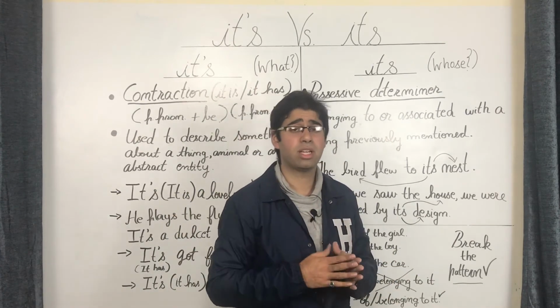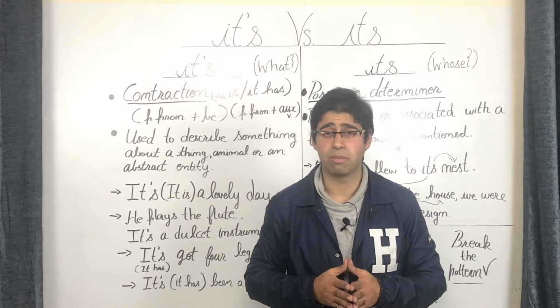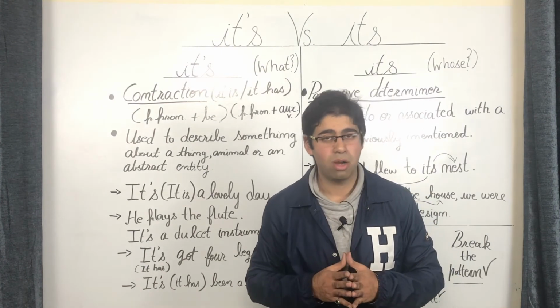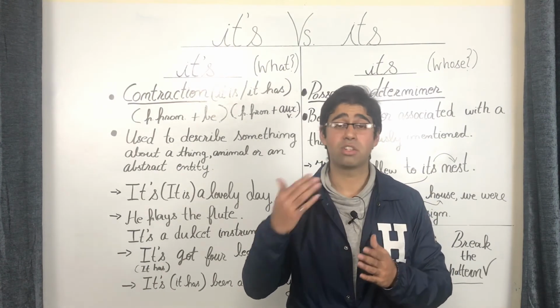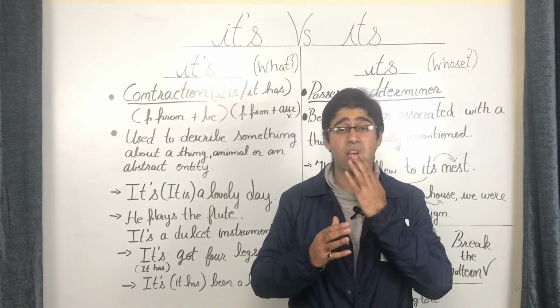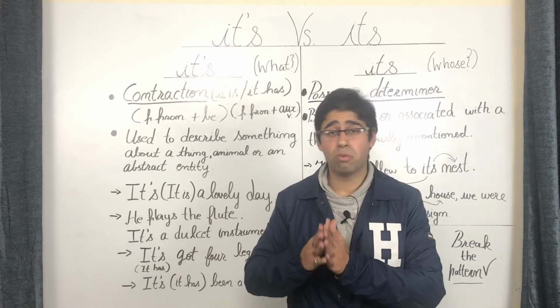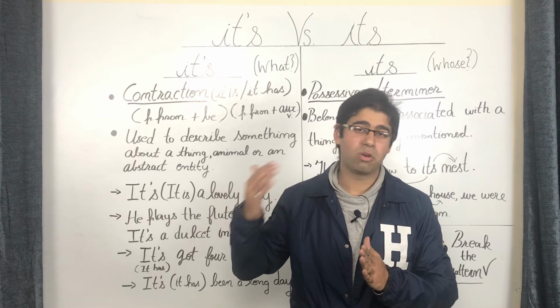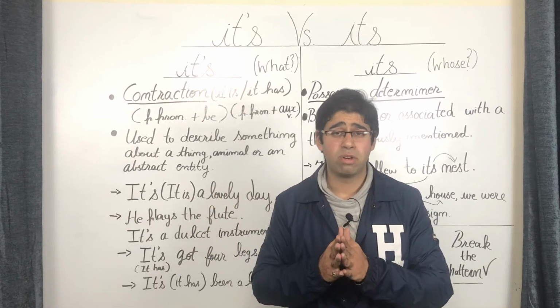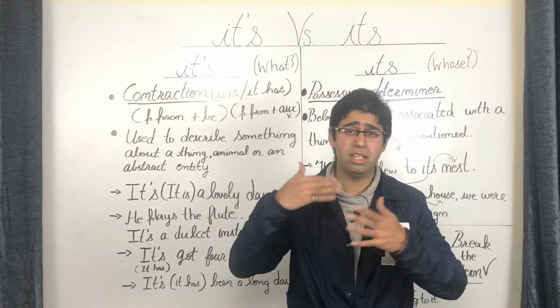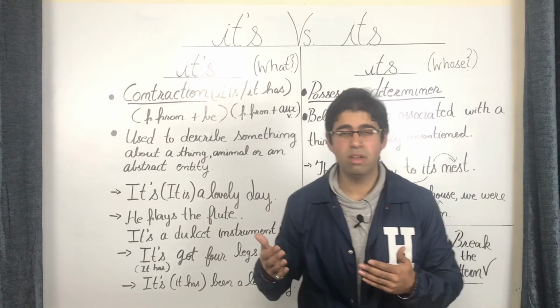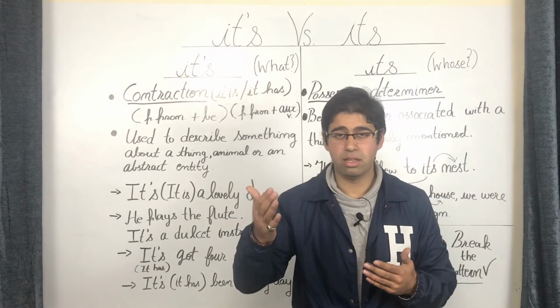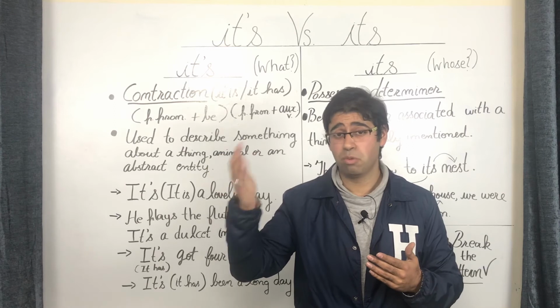Let's see this trick at work in a real life example. Say you're writing about a house and you want to mention its walls. Now, when you want to write "its walls", you are worried whether to use the apostrophe or not. What you need to do over here is go through this technique in your mind. You're going to ask yourself that if something belongs to a girl, that's going to be girl's with the apostrophe.